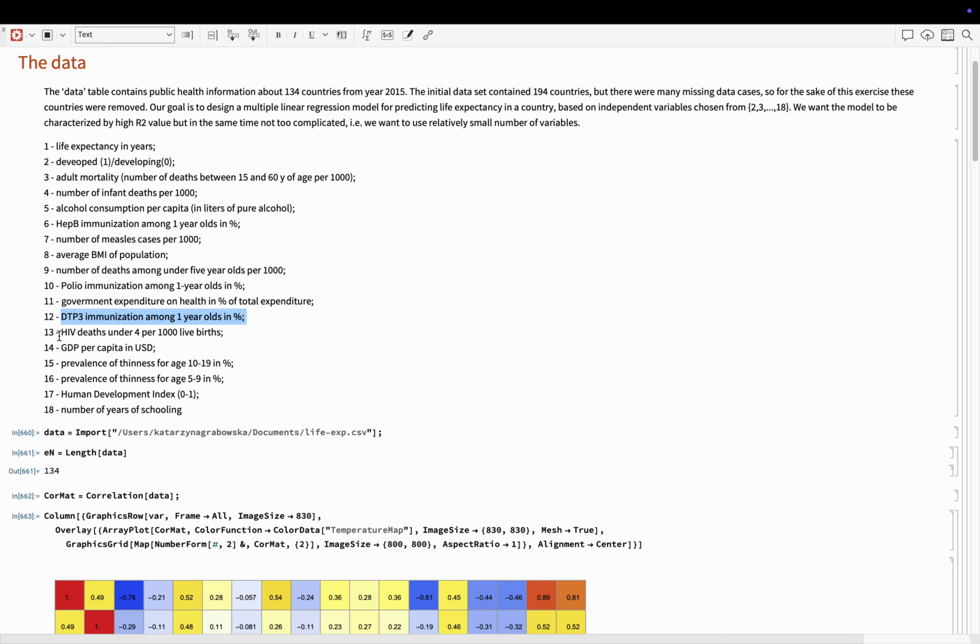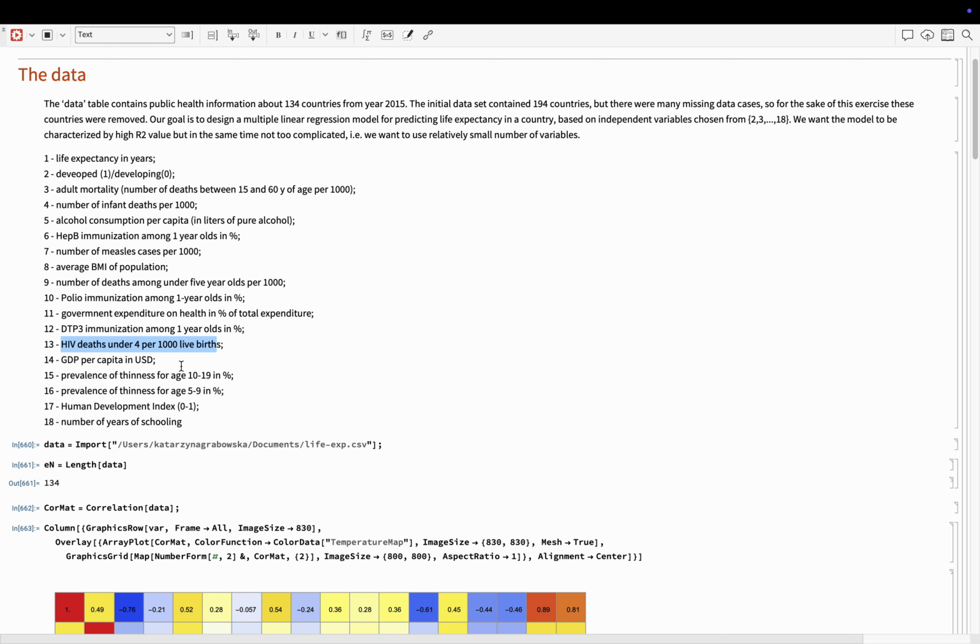There is also data about deaths due to HIV in children under 4 years. There is probably also medical data such as thinness in children and thinness in young people.